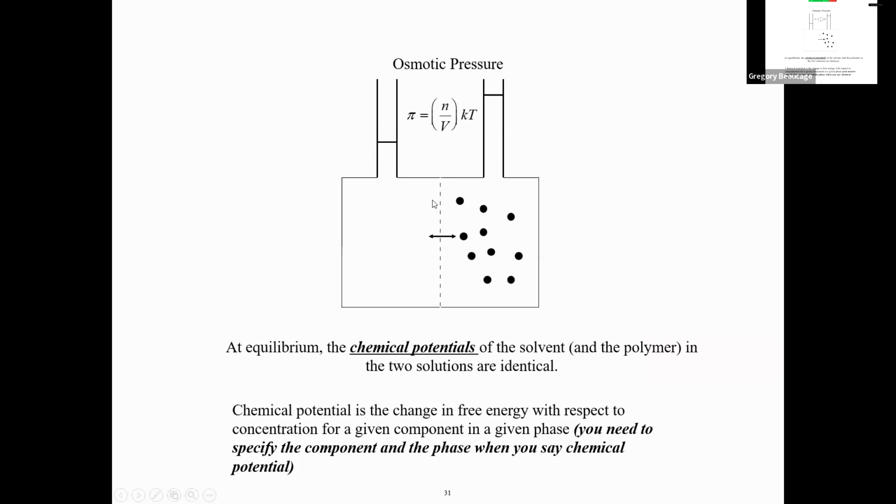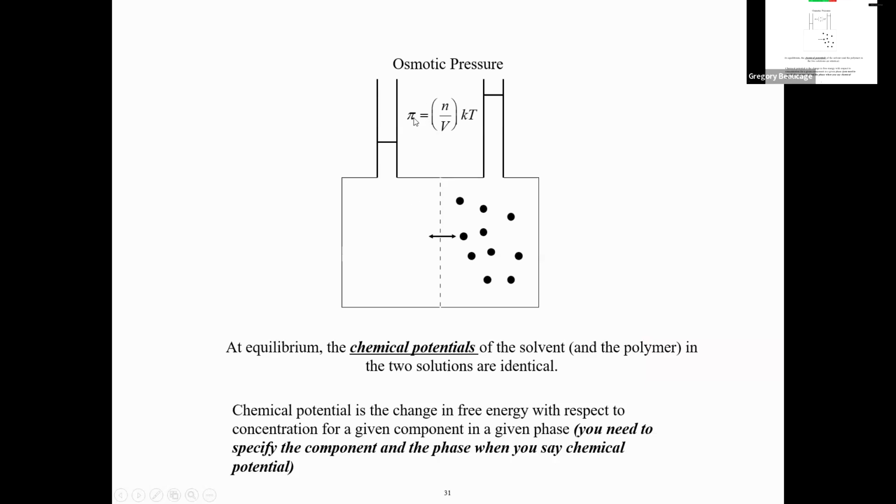The polymers can't fit through the cellulose membrane, but the solvent can. So the solvent wants to dilute the polymers, and you get more pressure on one side, and the difference in pressure is the osmotic pressure. That's one way to look at it. You're trying to dilute it, and the driving force is the tendency to have osmosis, which is driven by the number of particles here.